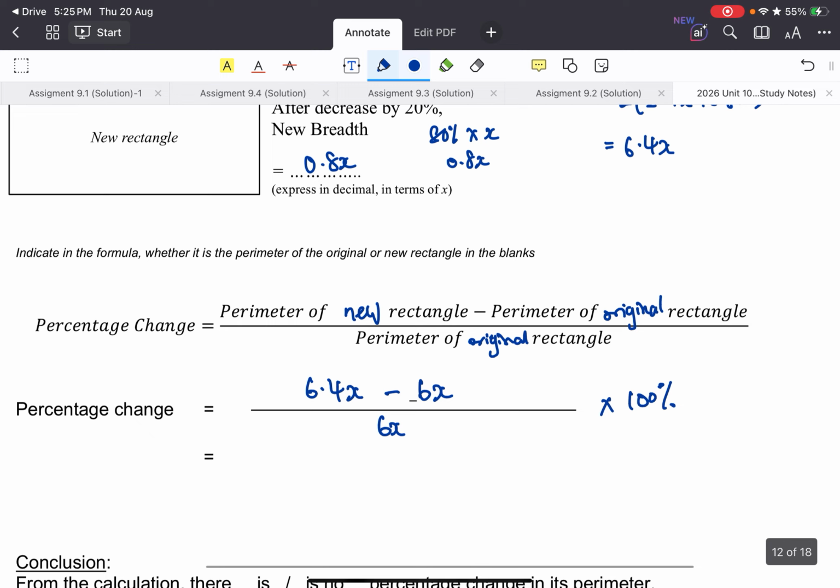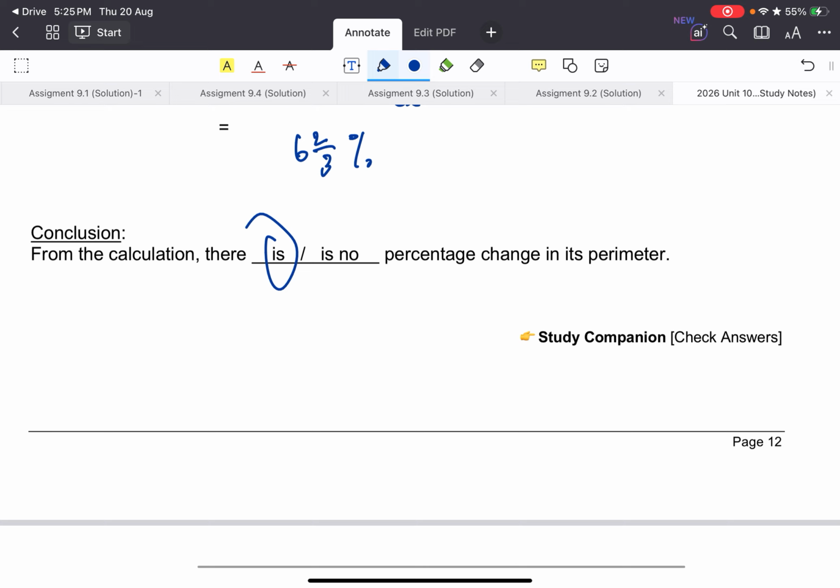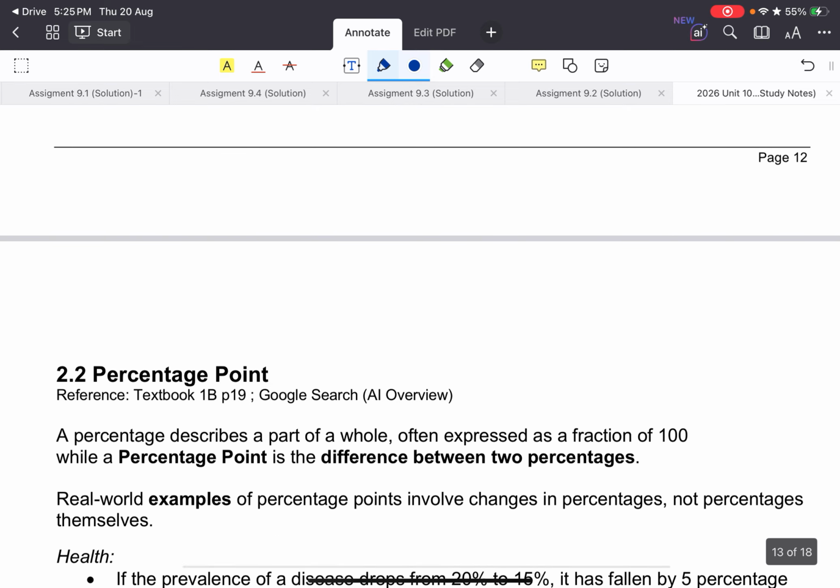If we work this out, this will be 6 2/3%. So in conclusion, there is a percentage change in the perimeter. Alright, so I'll pause the first video here. The second half of the notes will go into the next video.